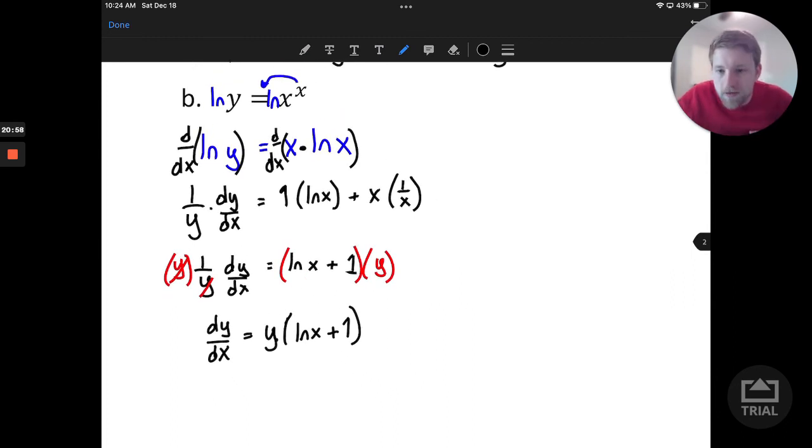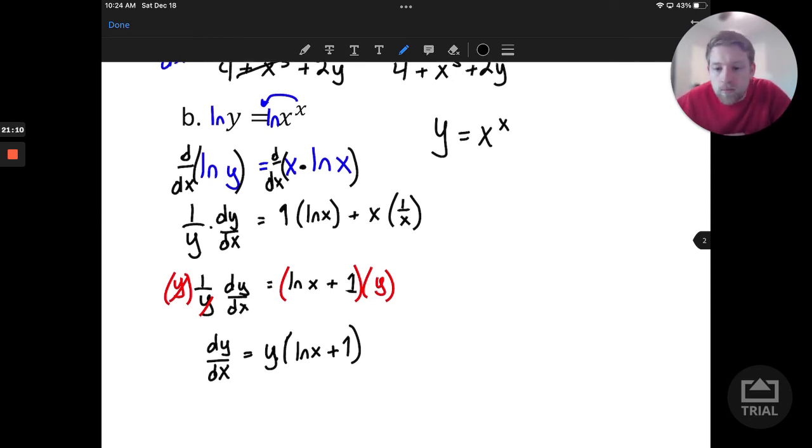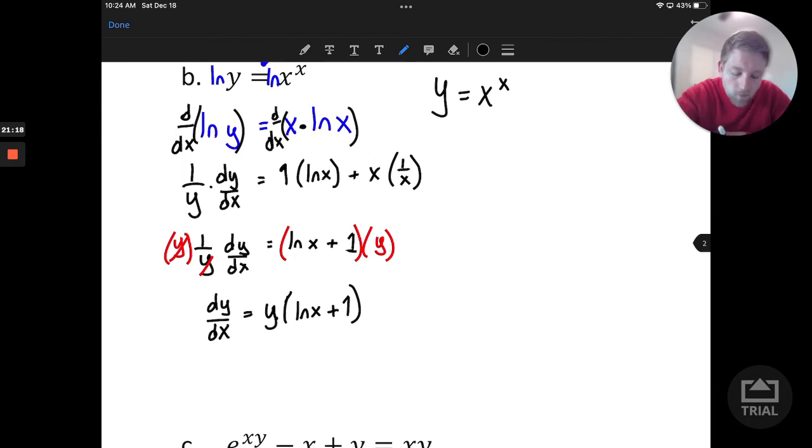Another way you could represent this function, notice that the original function was y is equal to x to the x. This is a unique situation where we can actually represent the derivative in two ways. We could represent it like y times ln x plus 1. That would work. But we also know the value of y here is just x to the x power. So we could use that to our advantage and express this derivative only as a variable of x, because the original function really was only a function of x.